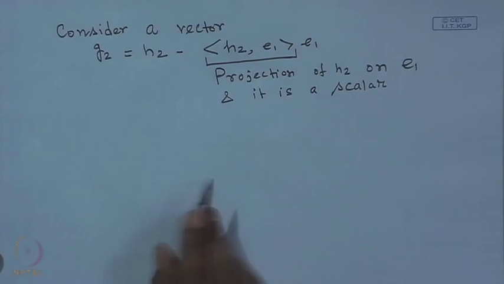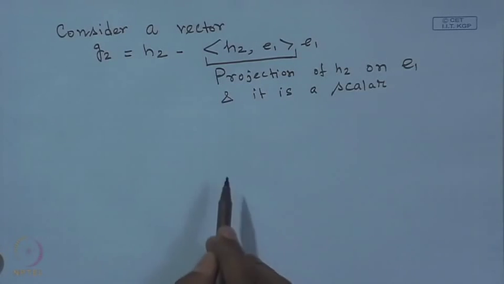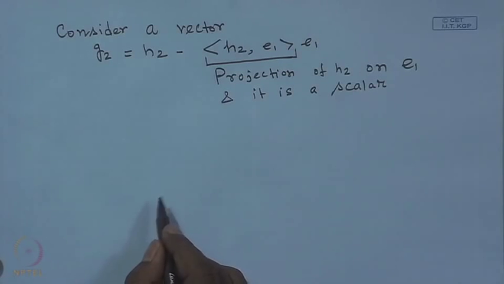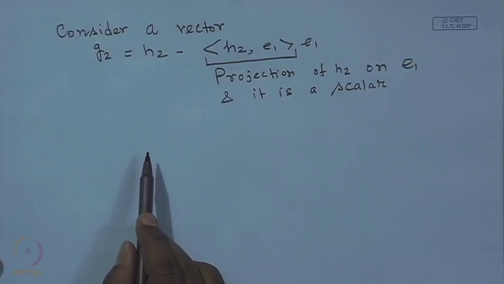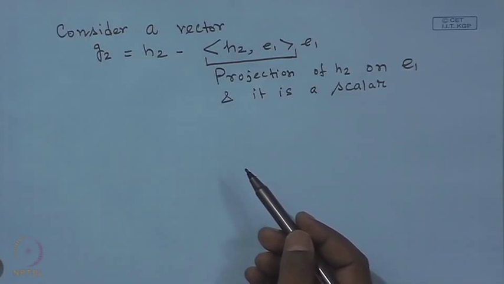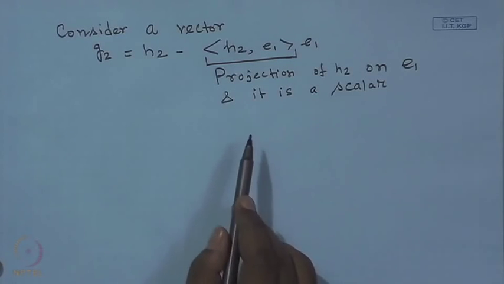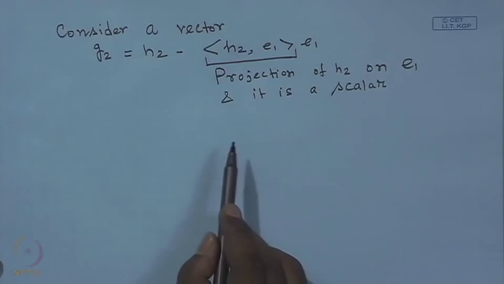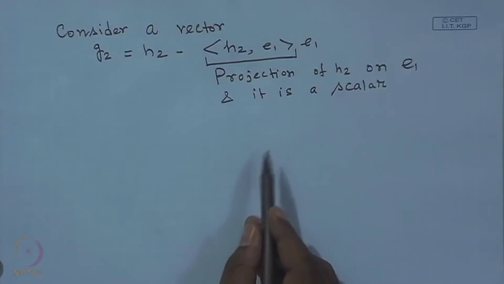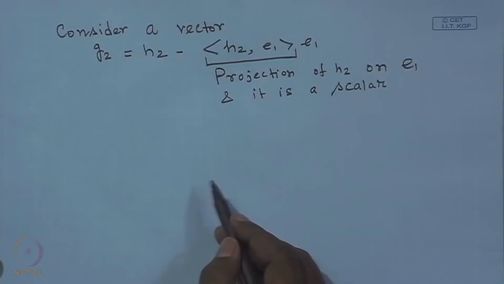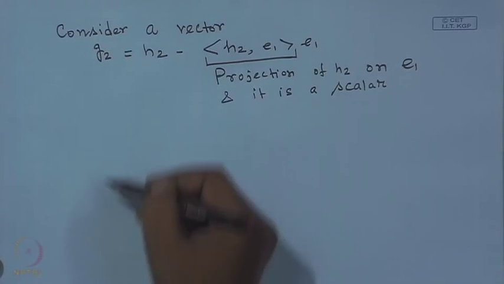By doing this mathematical operation, we go to the next step, which will be a stepping stone for the formulation of the next vector E 2 of our target set, which will constitute the orthogonal and orthonormal basis set. So, we will proceed in the next class to complete this formulation. Thank you very much.